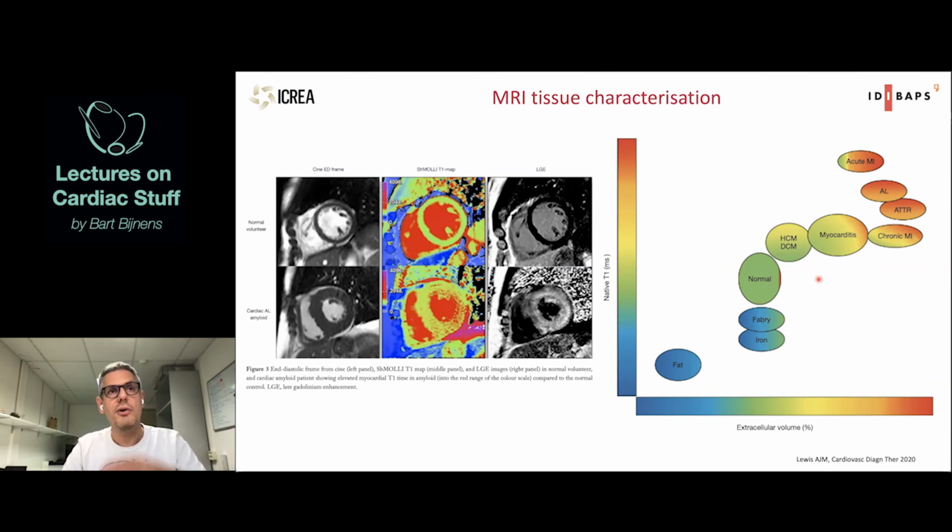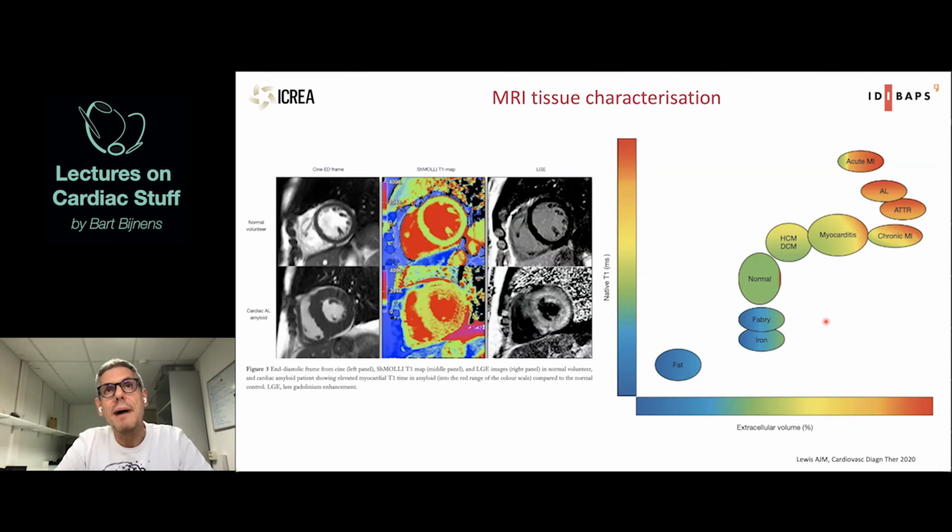Because of course I was talking today about hypertrophic cardiomyopathy versus hypertension, but there are still many, many other reasons why you can get a thickened heart. And sometimes by looking at fibrosis-like measurements or extracellular volume type measurements, you can get some differences.